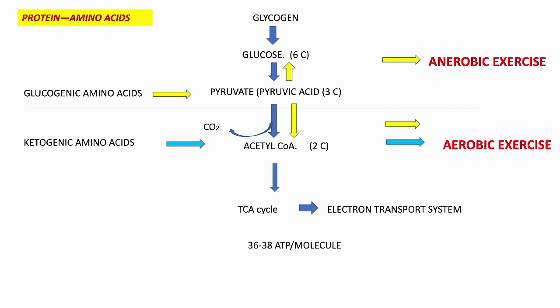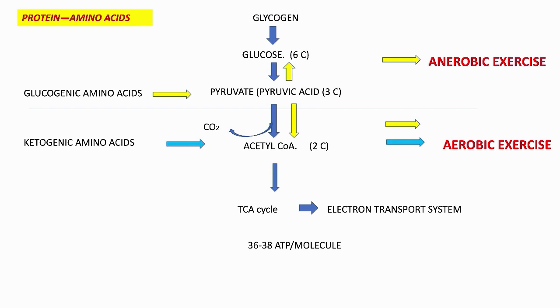These can enter into the mitochondria and get broken down through all those reactions and form a lot more ATP. So ketones, or ketogenic amino acids, can be used for energy during aerobic exercise. But please keep in mind the body prefers to use glucose for energy. The muscle tissue prefers glucose for energy, especially during high-intensity, short-duration exercise.